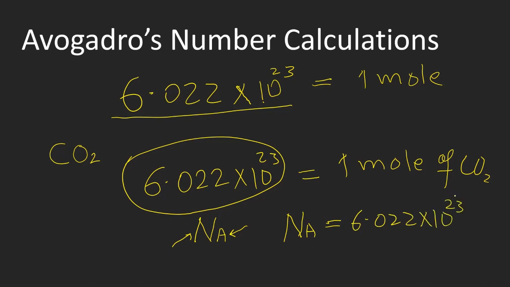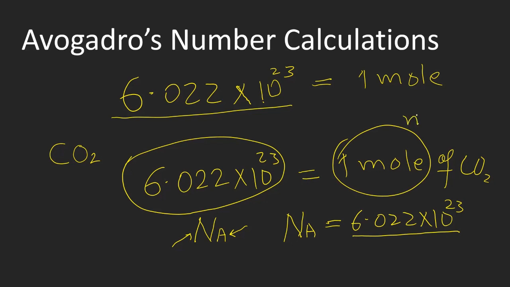This is Avogadro's number. Any substance, if you take this many particles of that substance, this many molecules, this many ions, that will be equal to 1 mole of that substance. And 1 mole is represented by small n.